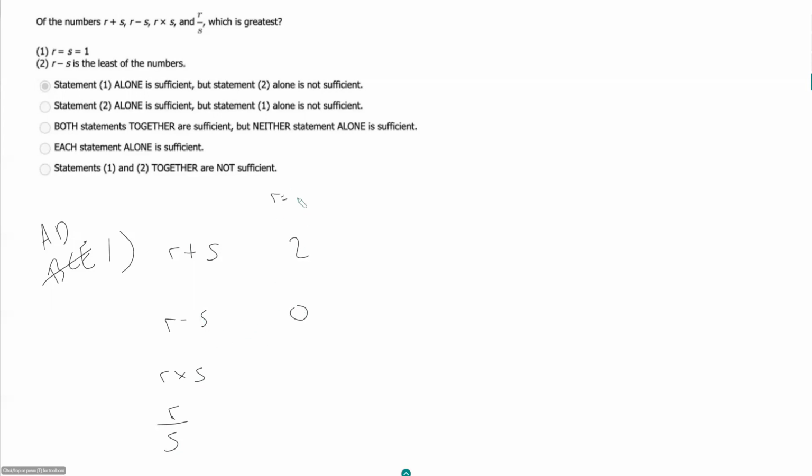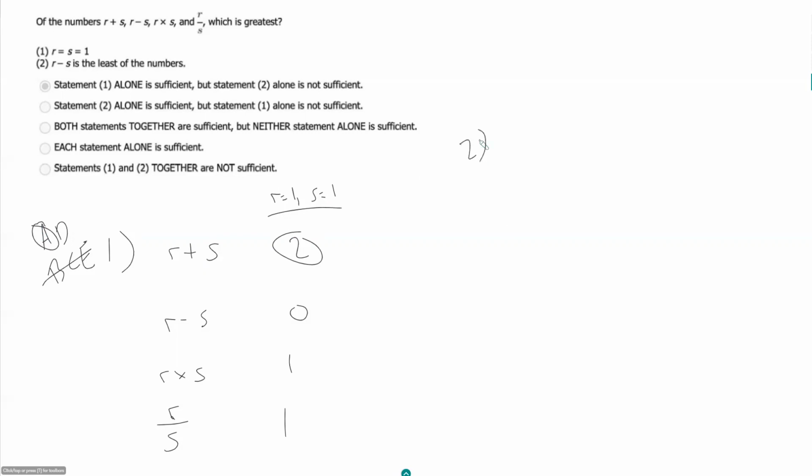So this is the case where r is equal to 1 and s is equal to 1. R times s should be 1, r over s should be 1, so r plus s is our greatest. That's sufficient. R minus s is the least of the 4 numbers.